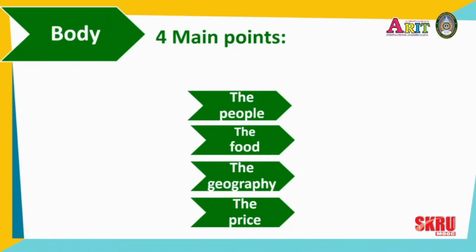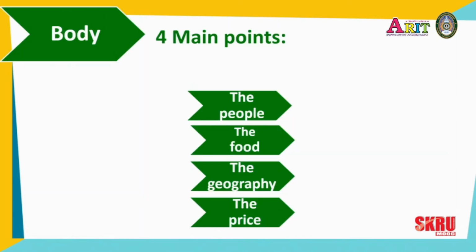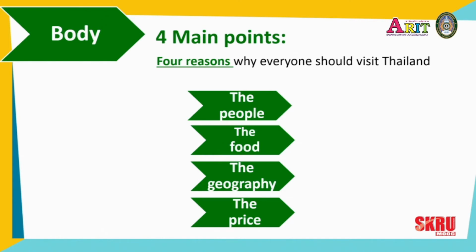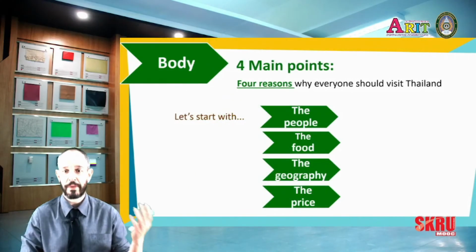So our example of a presentation talking about the 4 reasons why everyone should visit Thailand: the people, the food, the geography, the price. For the very first point I'm going to use, let's start with the people.